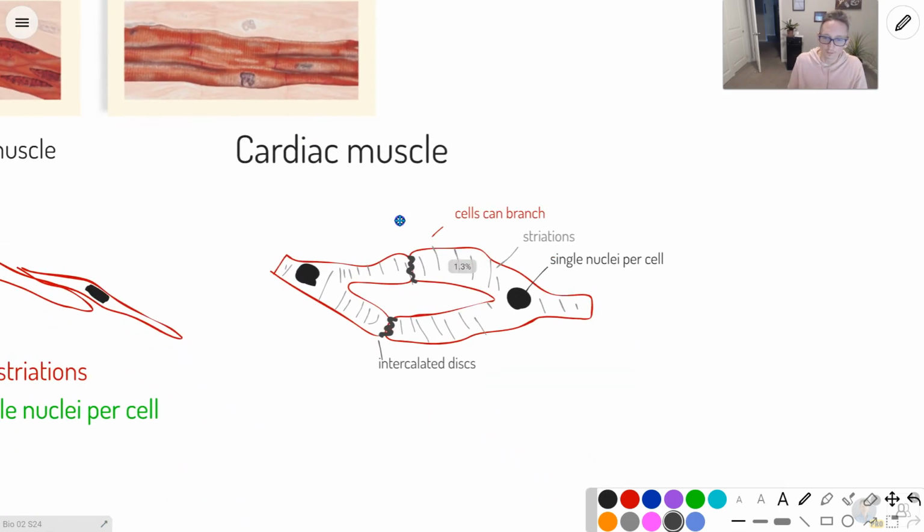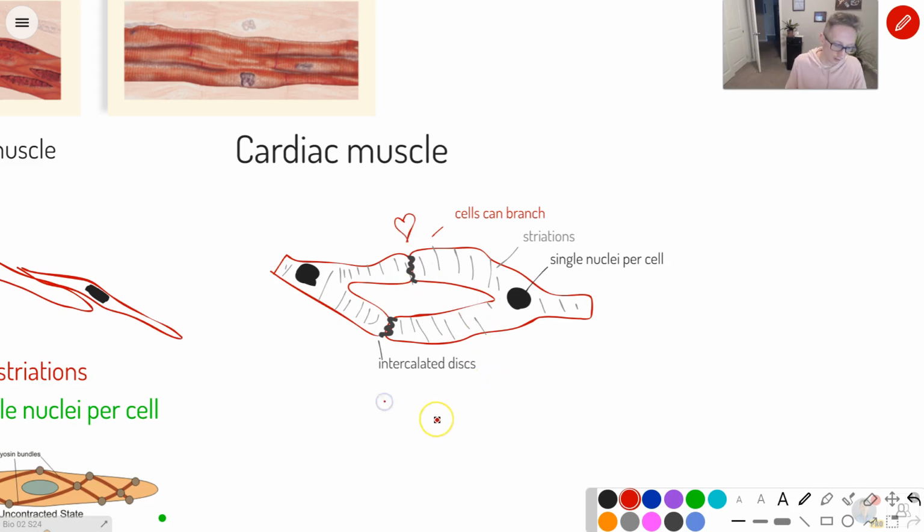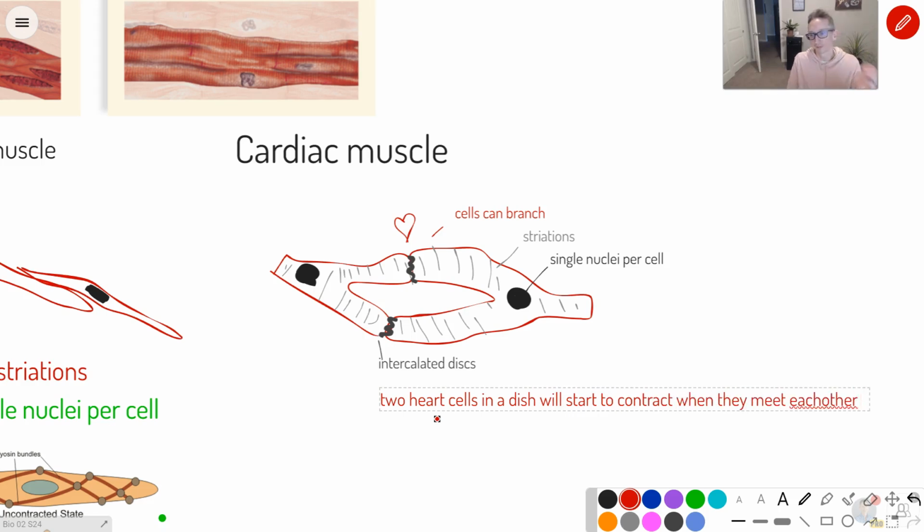And just like a fun little kind of amazing fact, I'm going to talk about this many times throughout, is that you take two heart cells in a dish, like a petri dish, and they'll start to contract when they meet each other.